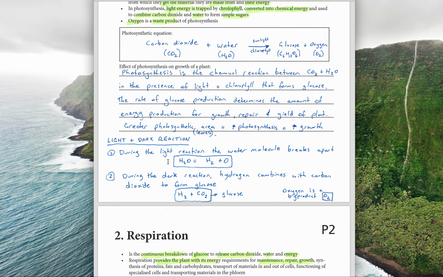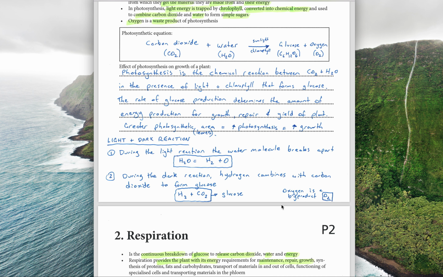But then during the nighttime, there's a combination of the hydrogen and carbon dioxide from the atmosphere, and that is turned into glucose, which is, as you'll see up here, C6H12O6. Glucose can be made from those components, and that can occur without any energy from the sun during nighttime.